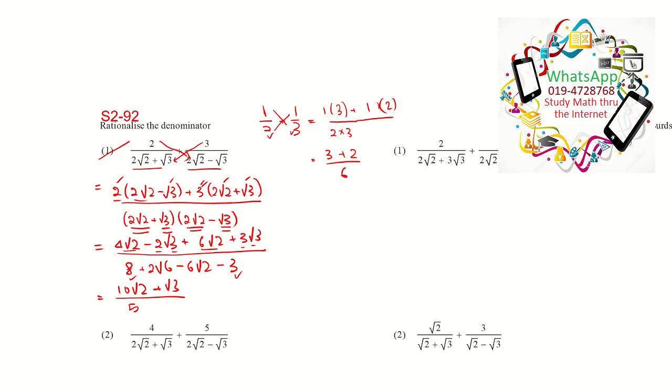Okay, this is actually 2 root 6 as well. Okay, so this you cancel off, so you have 5. So this is your answer.